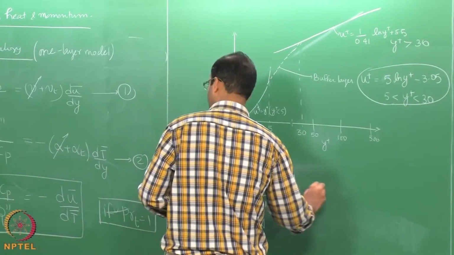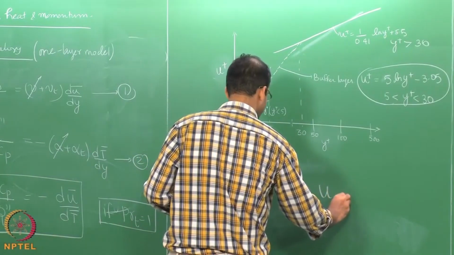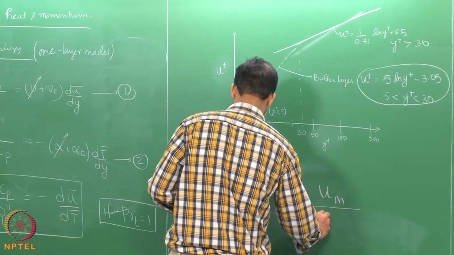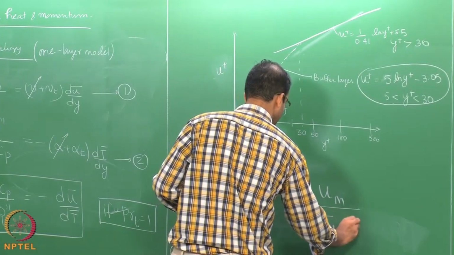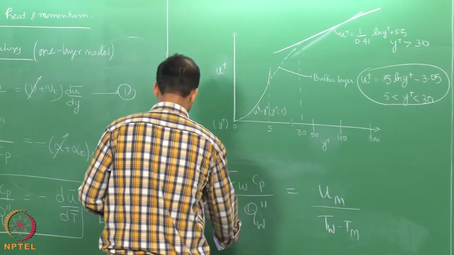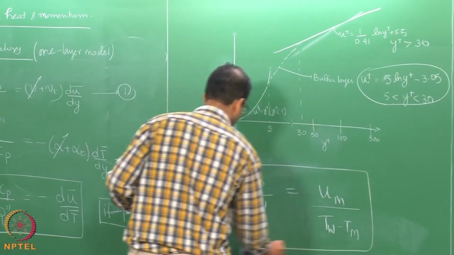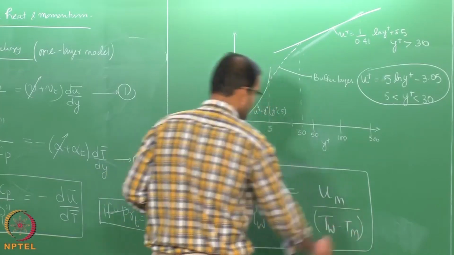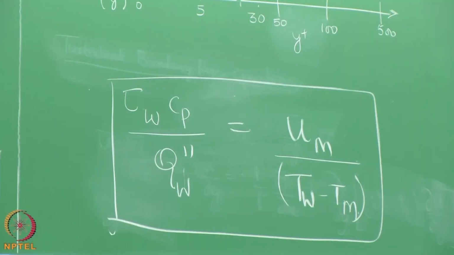On this side I have um divided by T wall minus Tm. Okay, please check that you integrate it from the wall to the edge of the boundary layer, right.